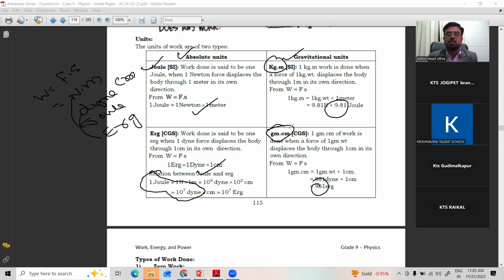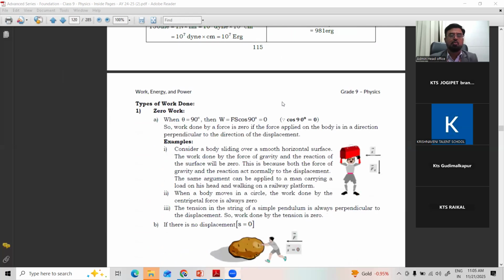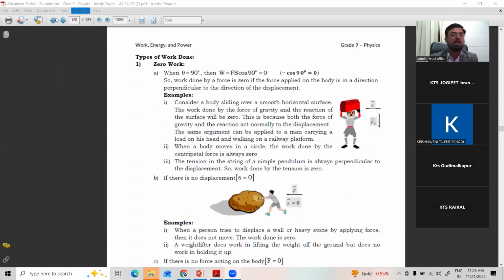In such cases, the measuring units are either kg meter or gram centimeter, which is equal to 9.8 joule or 980 erg in the case of CGS. So these are the units of work done, normal units as well as gravitational units whenever gravitational force comes into play. Correct? Now we'll see what the types of work are.